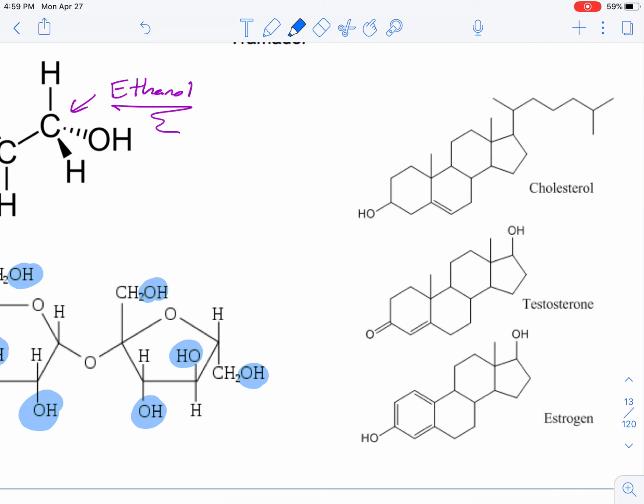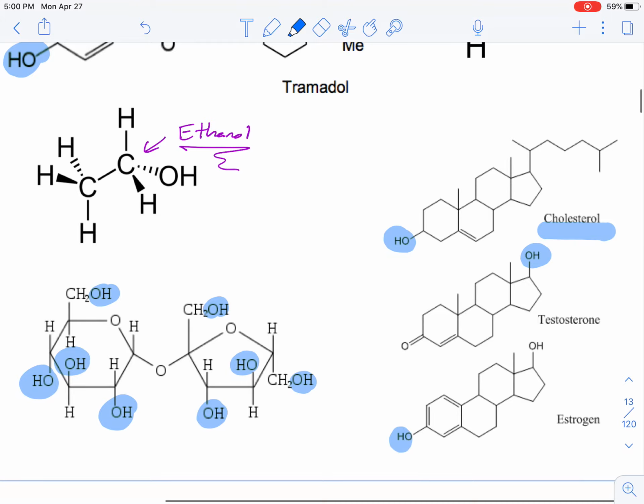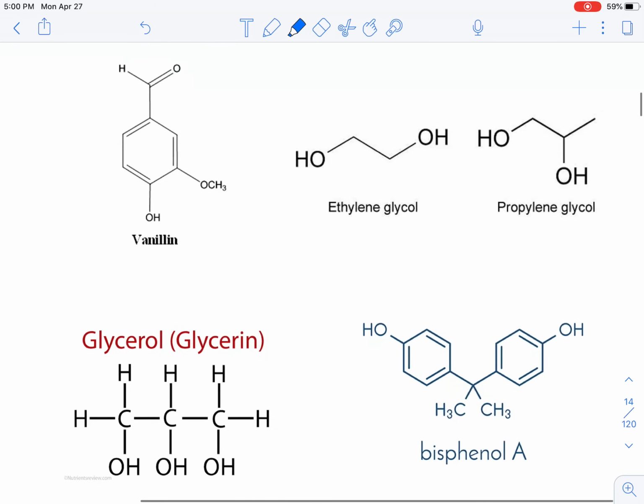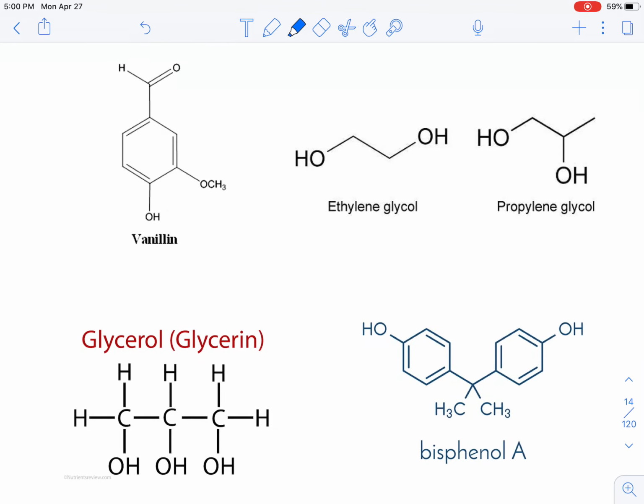Also, it's found in biological molecules such as cholesterol. So here's an alcohol, testosterone, estrogen. And so this specific functional group is commonly found in a lot of places. And here we also have vanillin.